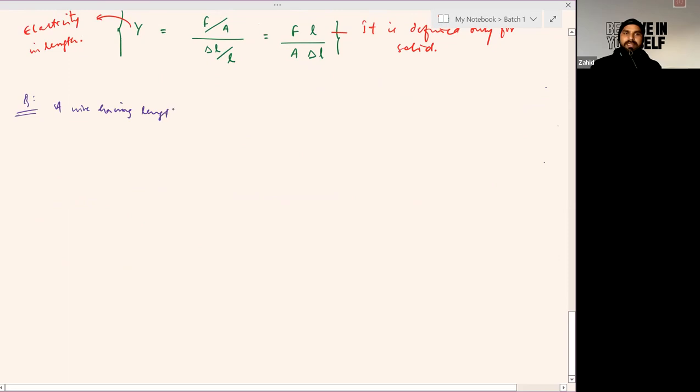A wire having length 2 meters, area of cross section 4 mm squared, is hung vertically.